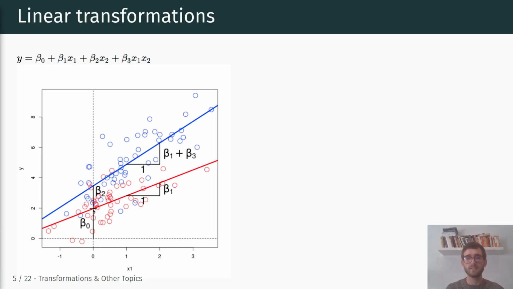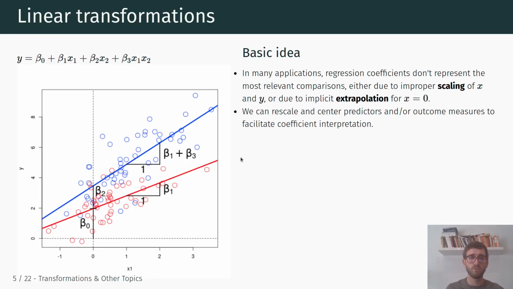Okay, so why can things go wrong in this case? In general, interpretation can be not so simple for two different reasons, right? Ultimately, what this comes down to is, one, the question of scaling.